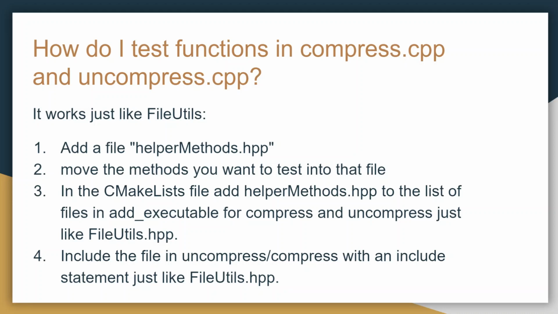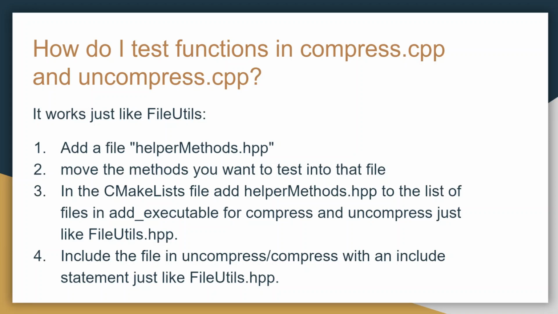And that way you can test your helper methods. And I just want to reiterate, helper methods are amazing, right? You can test them. You can know that they work. And once you know they work, if your program breaks, you know that that is not what's causing it. It allows you to incrementally test your program and also kind of decrease the space in which you are working and unsure of.